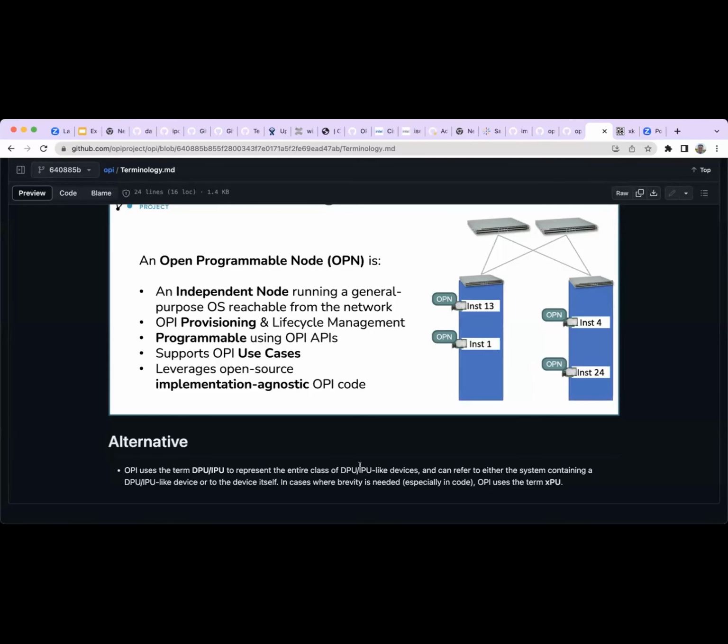We keep our naming the same, but when we need to shorten it, we shorten it to XPU. So what do people think about that alternative solution?